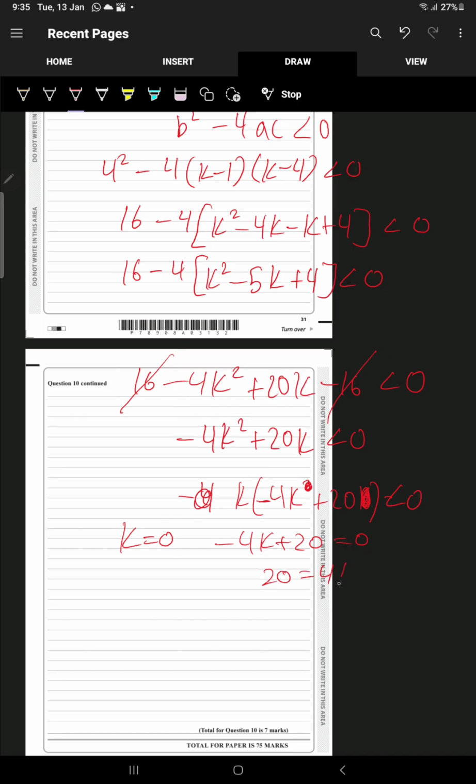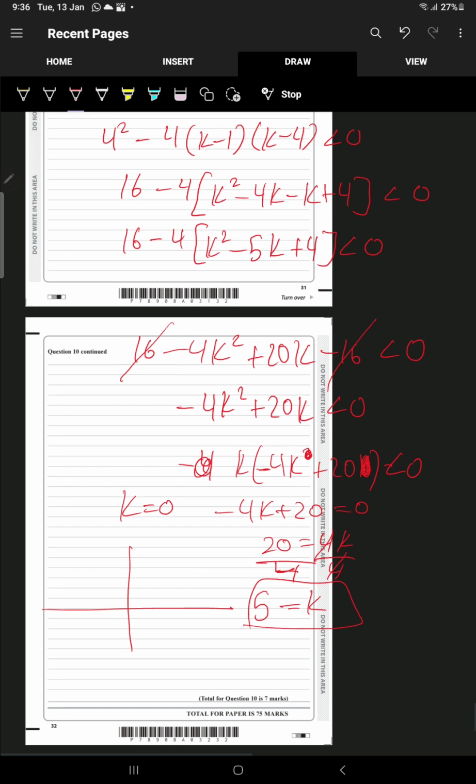Now we have to basically solve this quadratic inequality. The shape of the graph is going to be like this. It crosses through 0 and 5, and we know that y, the discriminant expression, is less than 0.